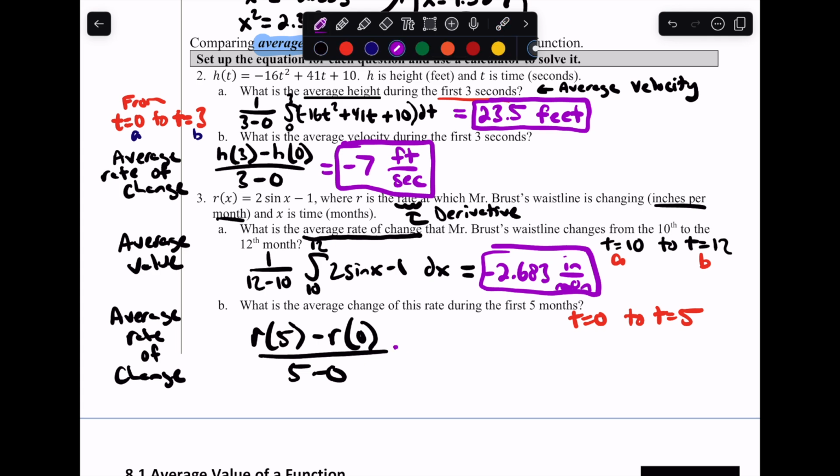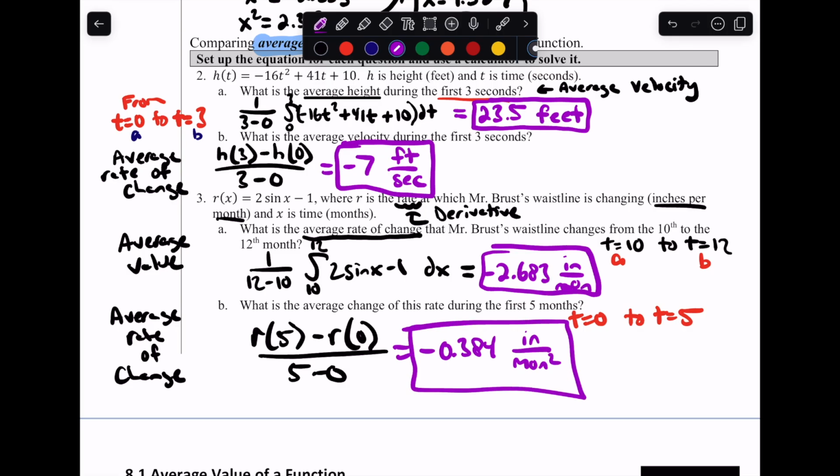Through our calculator work, this is going to end up being negative 0.384. Since the rates themselves were already in inches per month, when we divide by months again, this gives us units of inches per month squared. That is going to be our final answer for problem number 3.